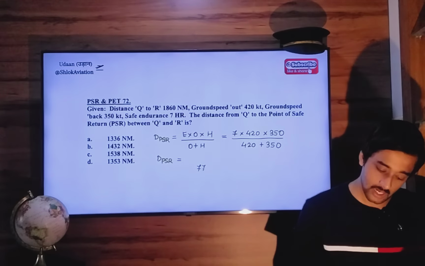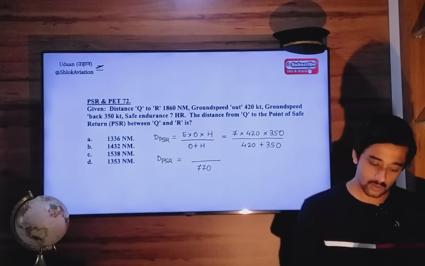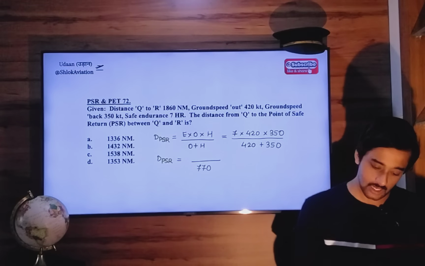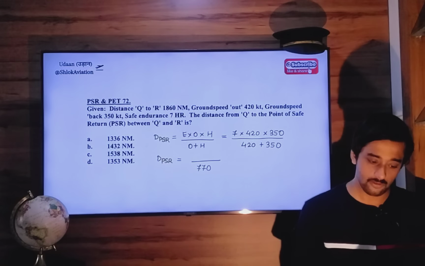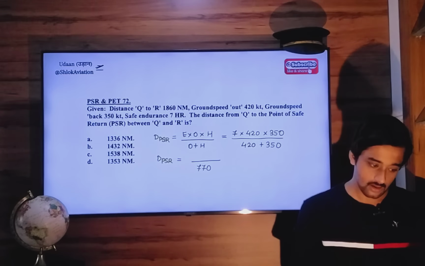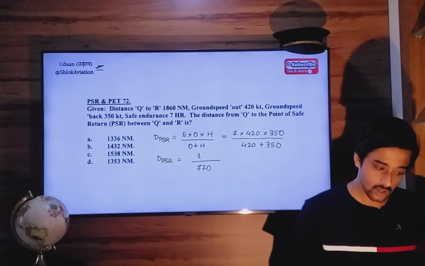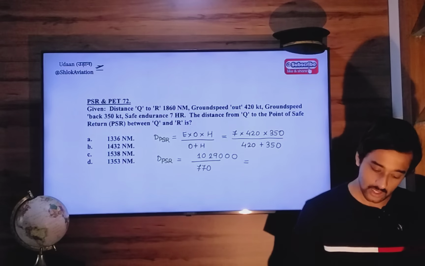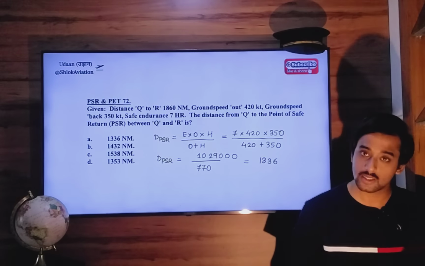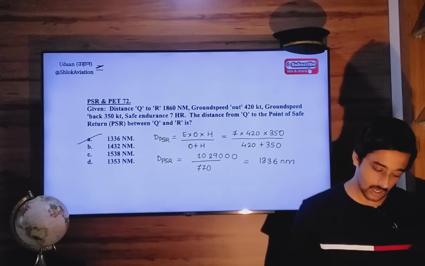In the denominator 770. In the numerator 7 into 420 into 350 is 1029000, divided by 770, 1336 nautical miles. So option Alpha.